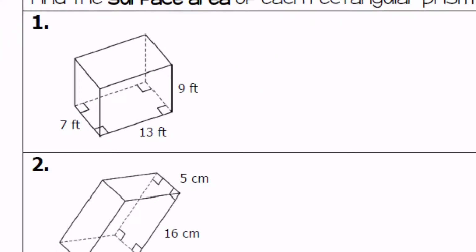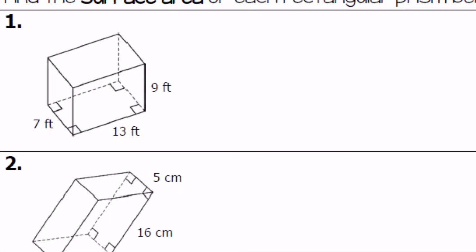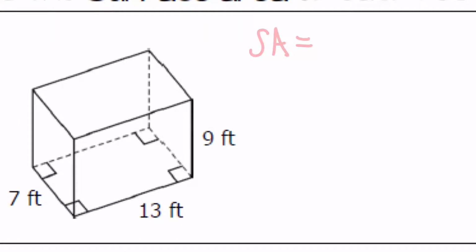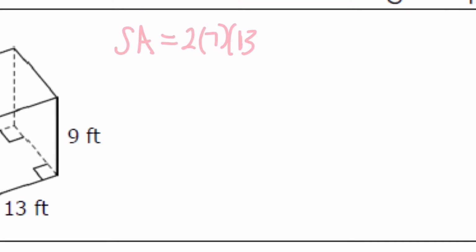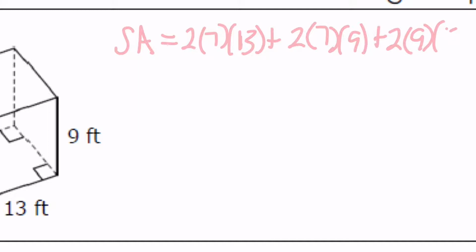So if I were looking at number 1, my surface area would be equal to 2 times 7 times 13 plus 2 times 7 times 9 plus 2 times 9 times 13.